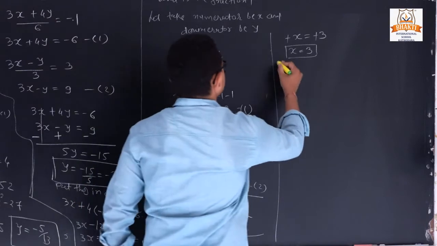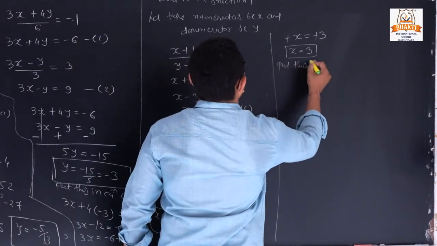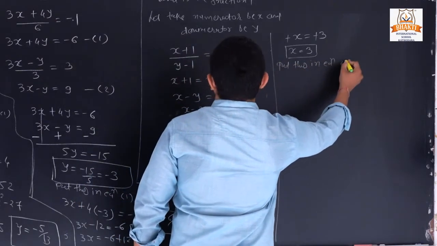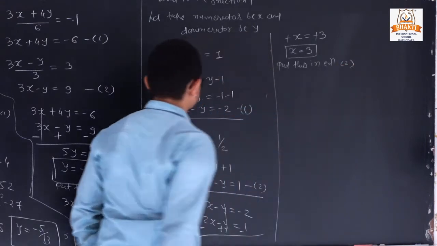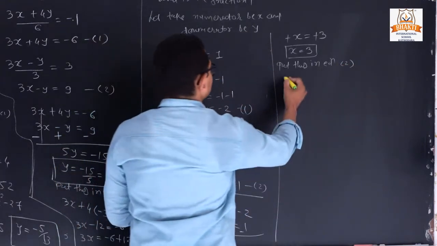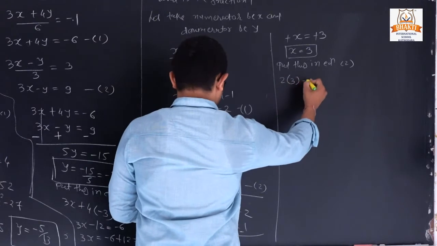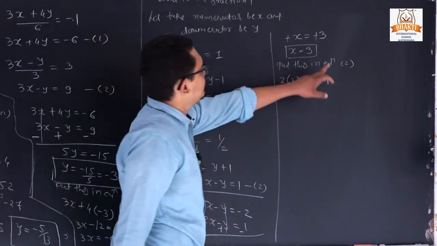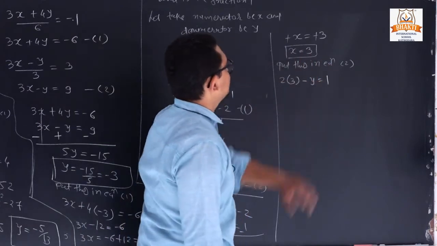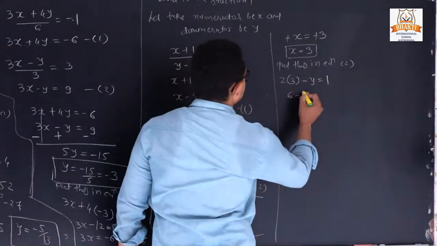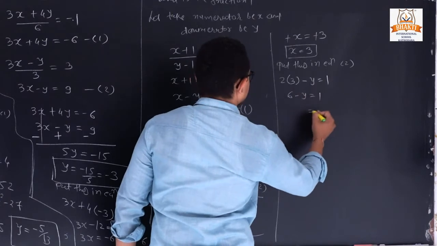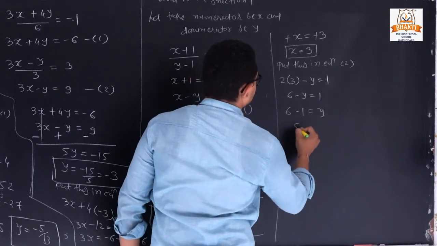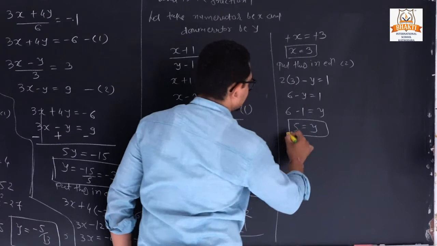Now put this in equation number second, so 2 in bracket 3 minus y is equal to 1, x is replaced with 3 because here we will put this value in equation second. So 2 3s are 6, so this minus y is going to the second side, so what is the value of y? 5.